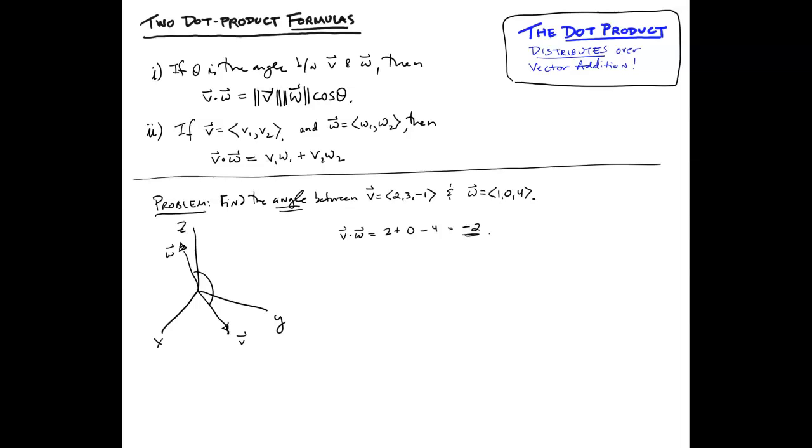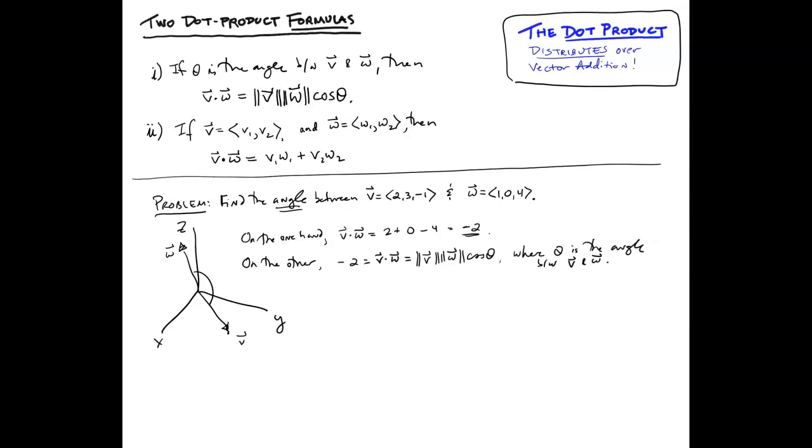So let's see, how obtuse will it be? On the one hand, we know this. On the other, we know now that -2, which is the dot product, is also, by our first formula, the length of v times the length of w times the cosine of the angle between those two vectors.